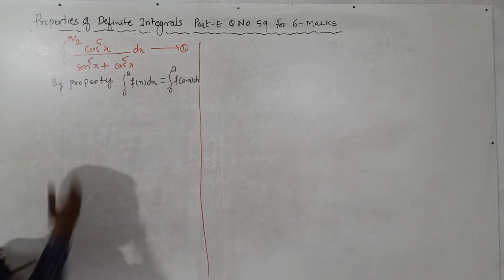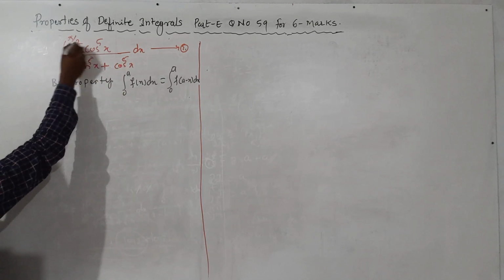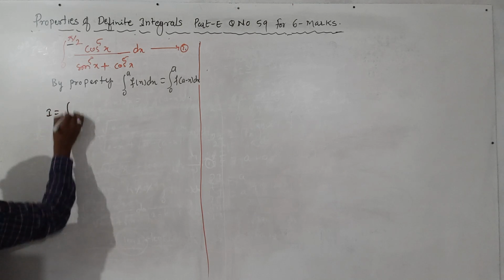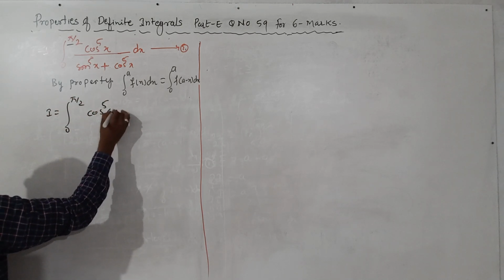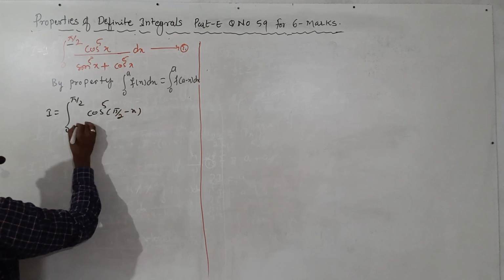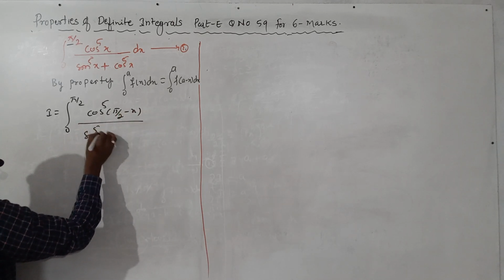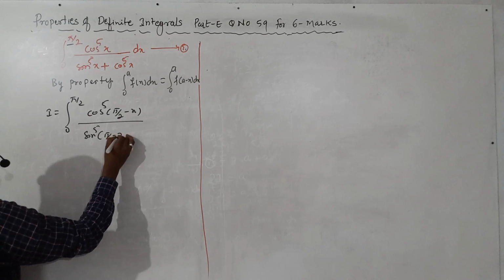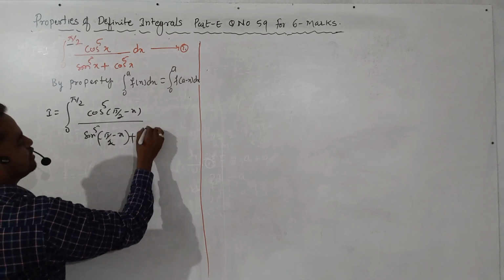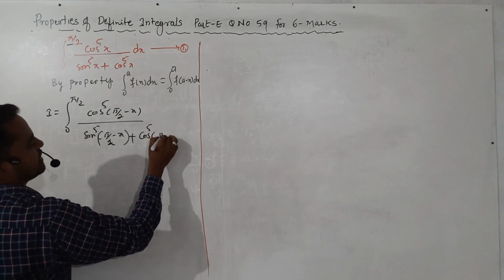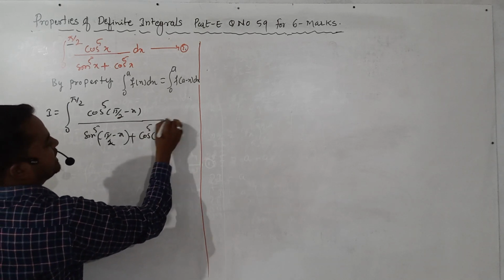Now apply the property. Wherever x is there, change it. What is the value of a here? Pi by 2. That is, I is equal to integration of 0 to pi by 2 cos raised to 5 of (pi by 2 minus x) divided by sin raised to 5 of (pi by 2 minus x) plus cos raised to 5 of (pi by 2 minus x) dx.